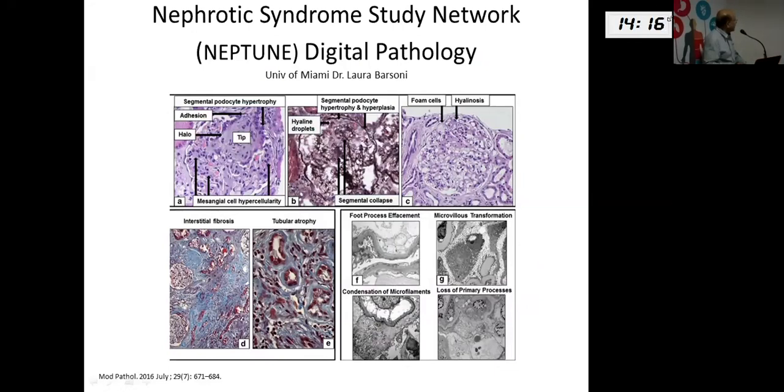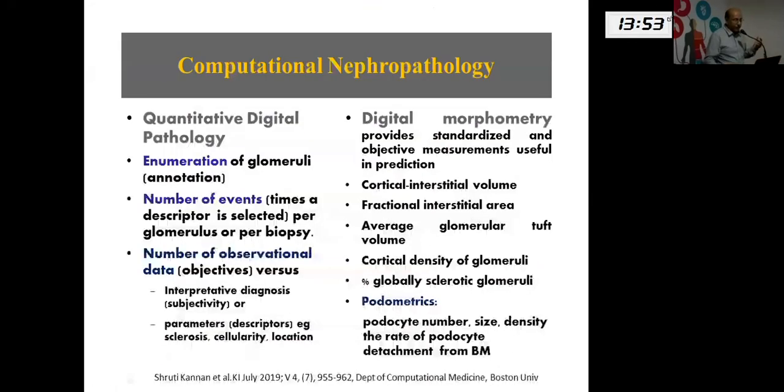Mesangial hypercellularity can be quantified, and so on and so forth. Everything, interstitial fibrosis, tubular atrophy, as you know, is the most important deterministic factor for prognosis, and that can be quantified as well. Electron microscopic images can be stored, quantified, and sent across for harmonization. So computational nephropathology has come of age.